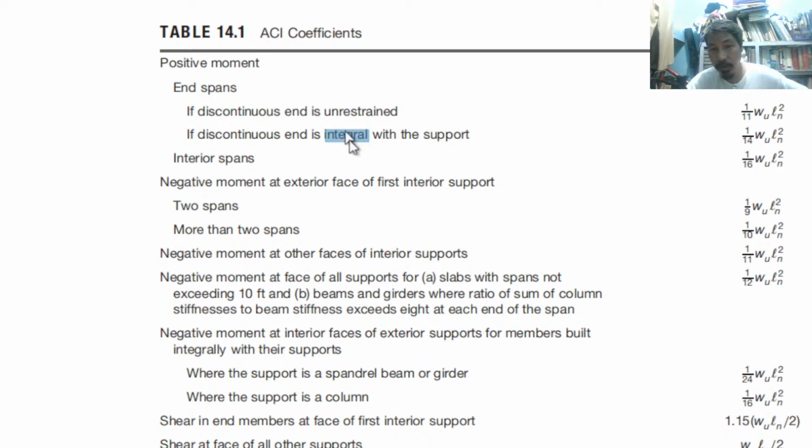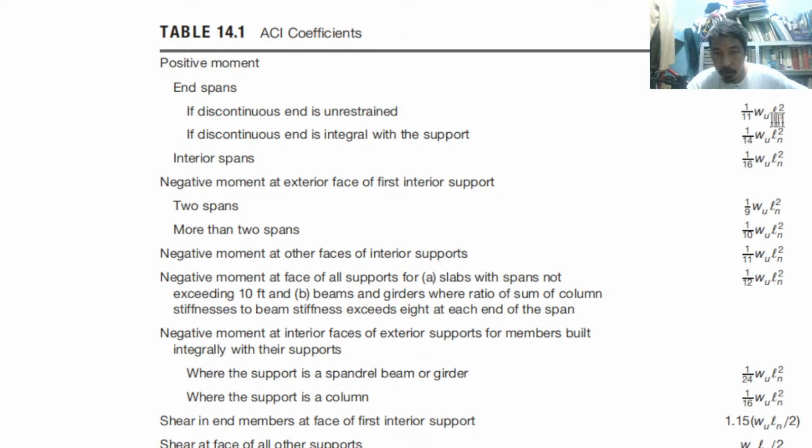Homogeneous. They are poured at the same time and cured at the same time. So, integral means the beam in the support or the slab in the support is literally 1 unit. With these 2 conditions, we have some difference in the coefficient.